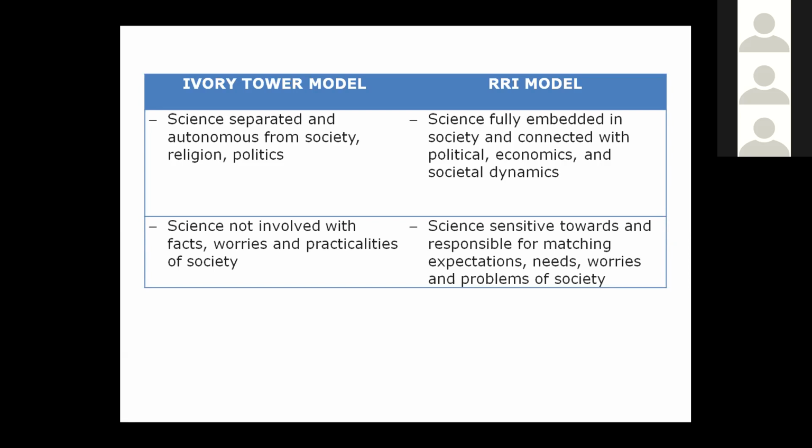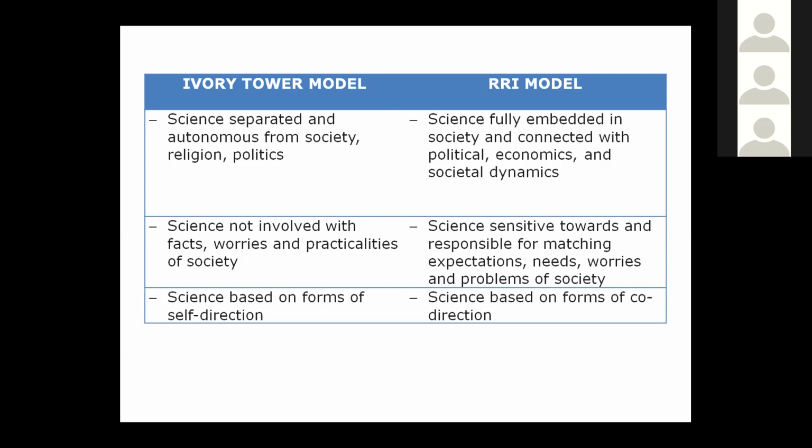It is fully engaged in solving the problems of society. In the ivory tower model, science is based on forms of self-direction, both for what concerns the self-organization and for what concerns the contents of science. While the RRI model sees science as based on forms of co-direction, co-working, interaction with external so-called lay actors.